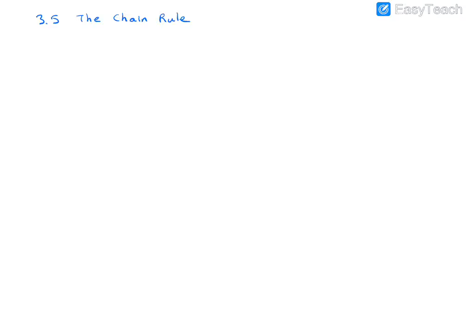Actually, the word chain in the name chain rule comes from the fact that a function formed by composition involves a chain of functions. In other words, a function of a function.